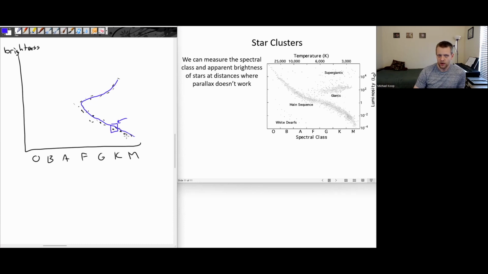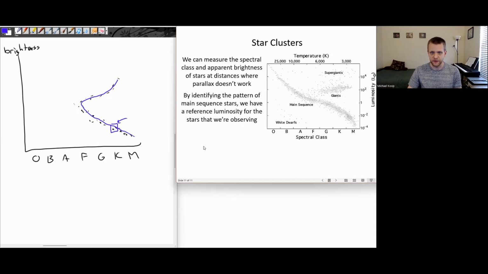Now I know it's a type K star, so what kind of star is it? Well, if it's on this diagonal band, that's got to be a type K main sequence star. And if it's a type K main sequence star, I know the luminosity of type K main sequence stars to a reasonable level of accuracy.